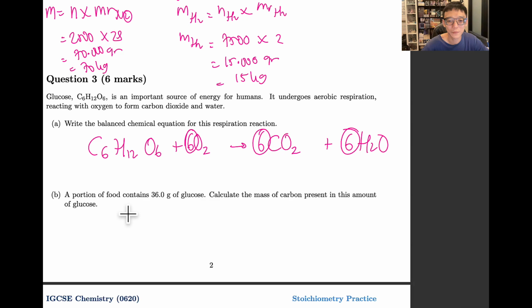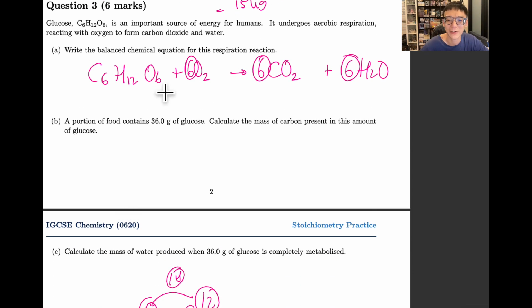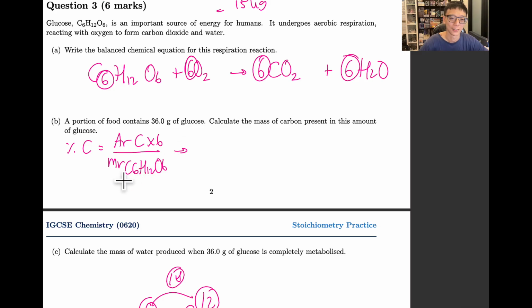Now a portion of food contains 36 grams of glucose. We have to calculate the mass of carbon present in this amount of glucose. So now we have to calculate the percentage of carbon, which is the mass of carbon multiplied by 6, because we have 6 carbon atoms, divided by the molecular mass of C6H12O6. Carbon is 12, hydrogen is 1, and oxygen is 16. So now we have the mass of everything.